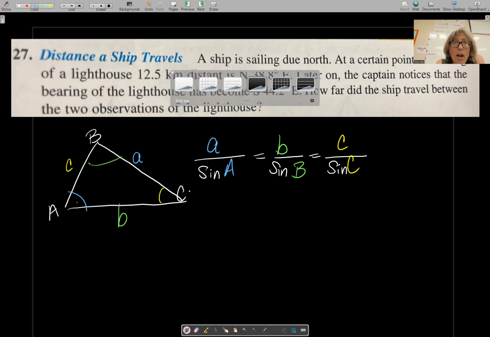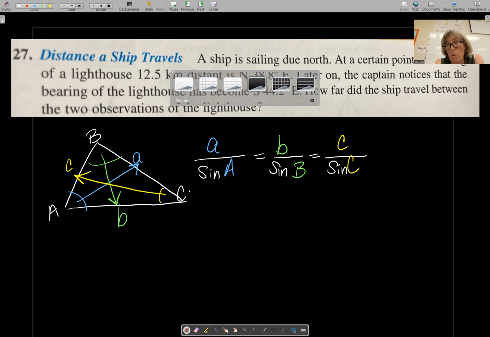So the sine of this angle proportional to its side length is equivalent to the sine ratio of this angle proportional to its side length, and this angle proportional to this side length. So it's one giant proportion. Generally, when we work with this, we don't use all three.